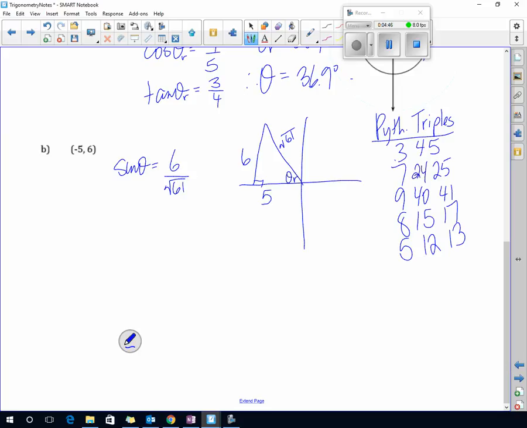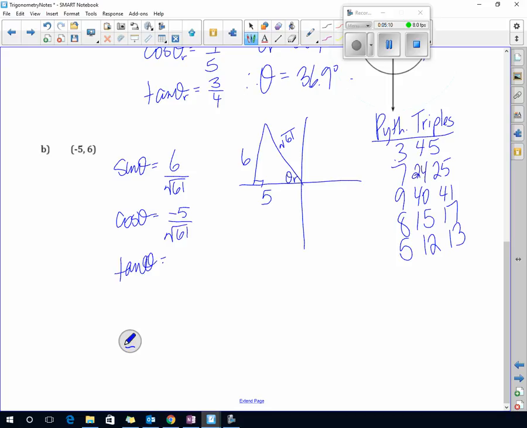Negative 5 over root 61. What's tan theta equal to? Is it just 6 over 5? No, it's negative 6 over 5.